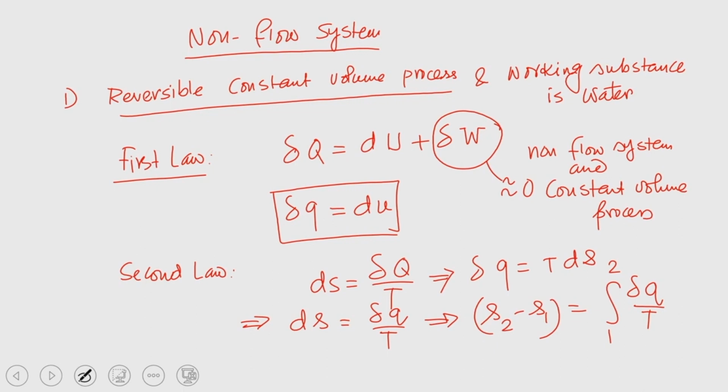So the change in entropy between the initial and final states is equal to the integration of dq by T via a reversible path, where T is the temperature of the system boundary through which heat is transferred to the system.